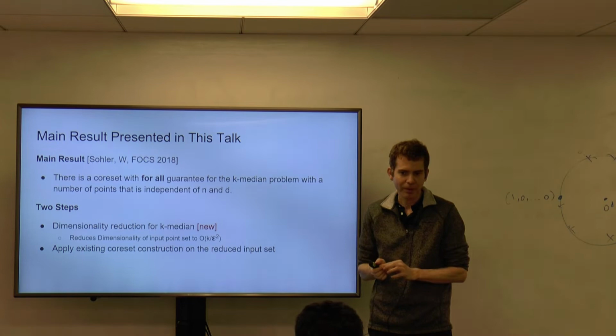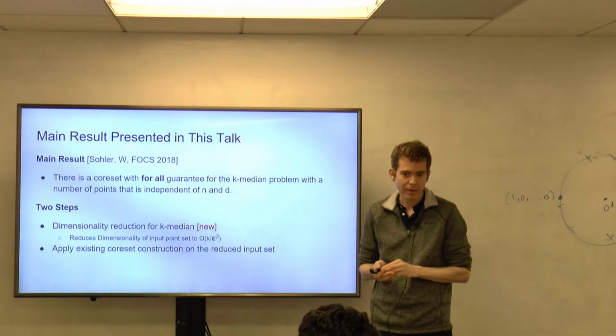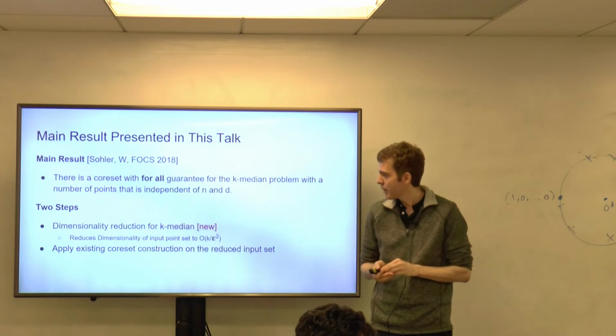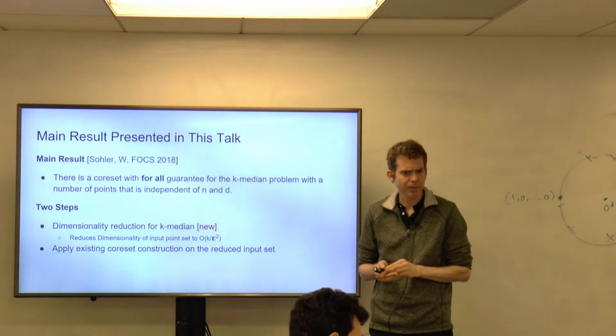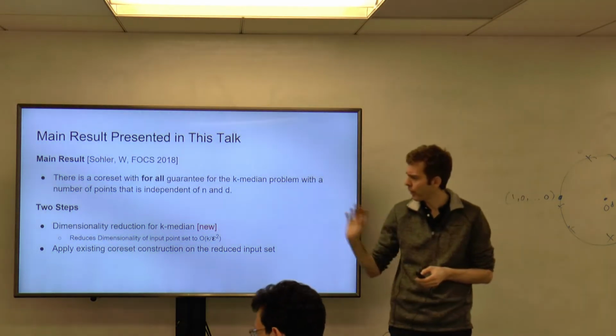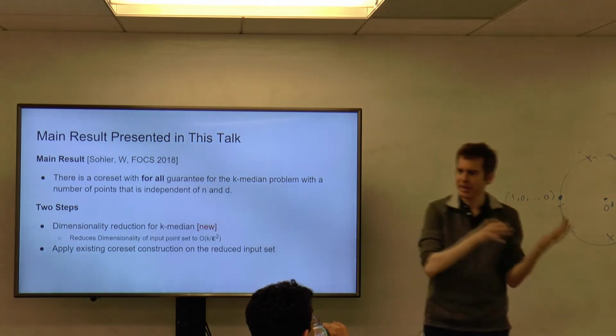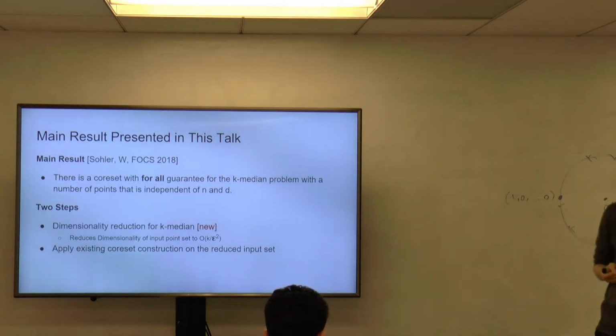The result is just that it wasn't known that this exists even, in a subset of Euclidean space. There's no randomness in the sense of a for each guarantee. It does hold for all possible queries of k centers. There's randomness in the beginning, but afterwards it's a for all guarantee.